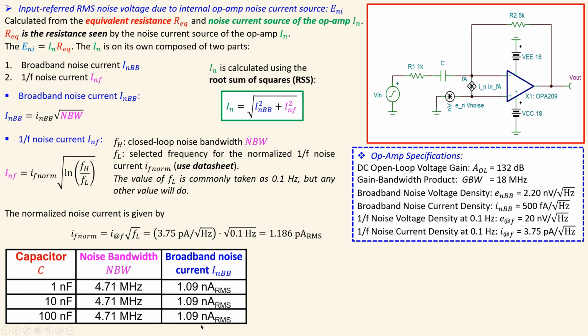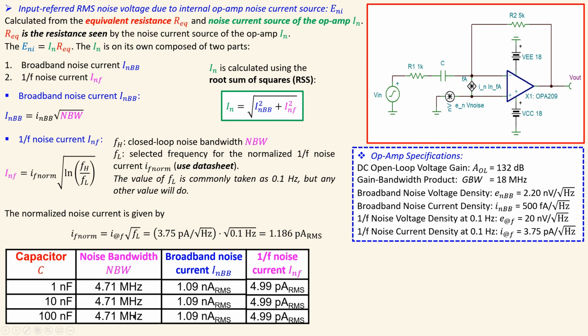So this is then calculated for the broadband noise current, and for the 1/f noise current we will use this formula, again using this normalized noise current value, and these are the results. We can see it is all the same. It's 4.99, approximately 5 picoamps RMS. Why is this the same, and why is this also the same?